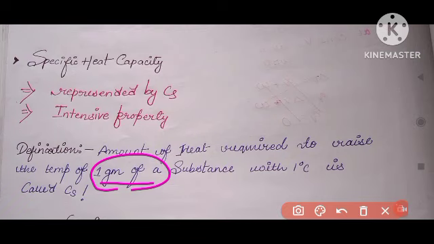Here in heat capacity 1 gram was not included, but here the 1 gram is included. We have to mention 1 gram of a substance.